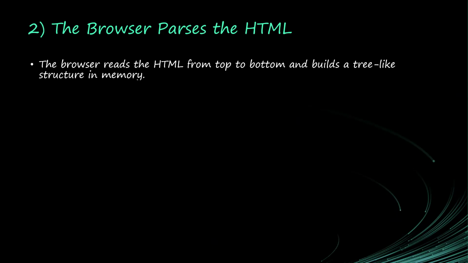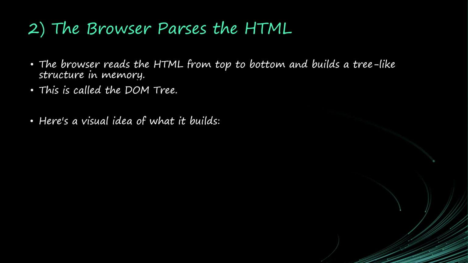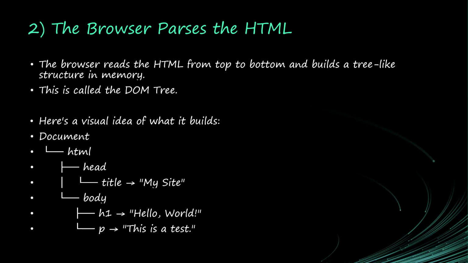And then build the DOM. That DOM is going to be an object in memory. This is called the DOM tree. This is the visual idea of what it looks like. So the document, you see, when I did document, we had the document, we had the HTML, the head, and the body.